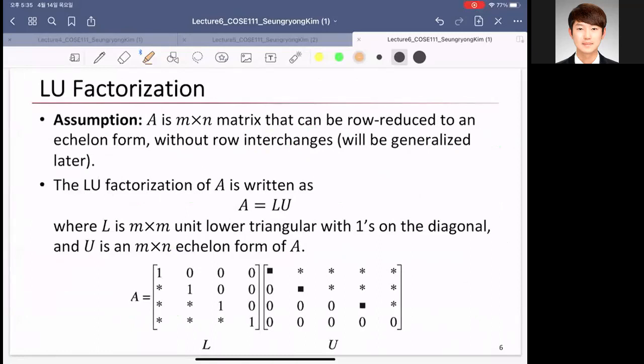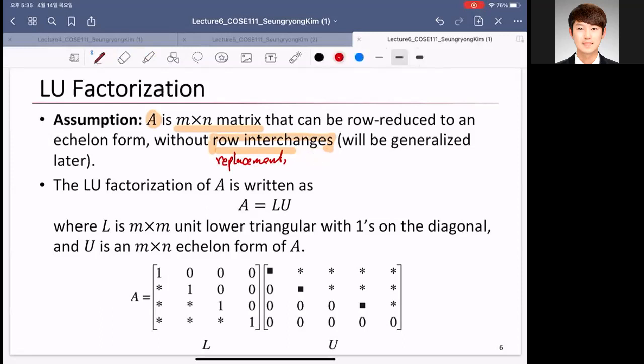The assumption in LU factorization is that A is an m by n matrix, maybe m is equal to n or not, that can be row reduced to echelon form without any row interchange. So far, we discussed the row operation algorithm, which had three kinds of row operations: replacement, interchange, and scaling.